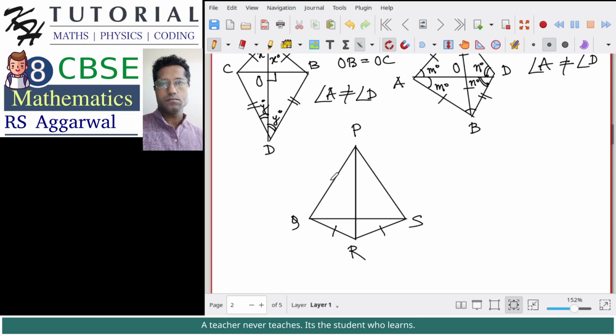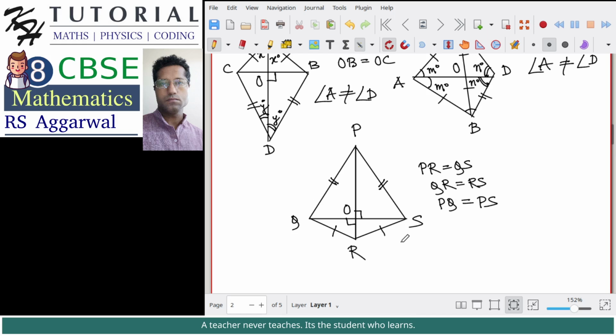So PQ is equal to PS. In this kite, we can see that the two diagonals are equal. So we have PR is equal to QS, and we have QR is equal to RS, and we have PQ is equal to PS.